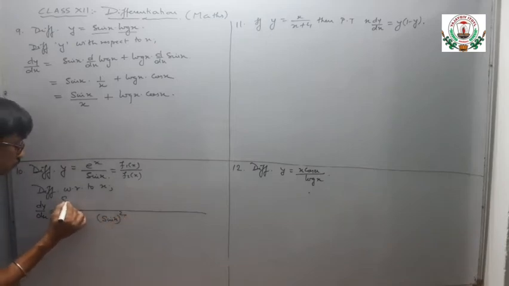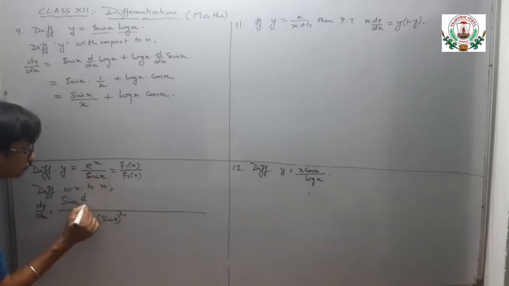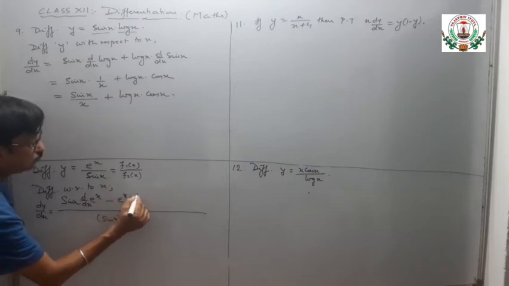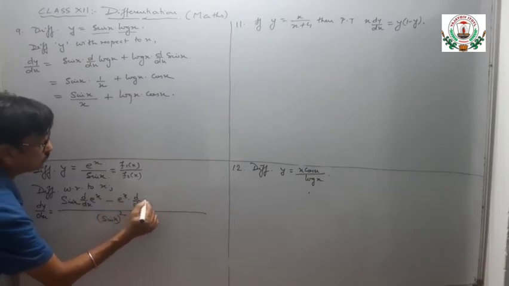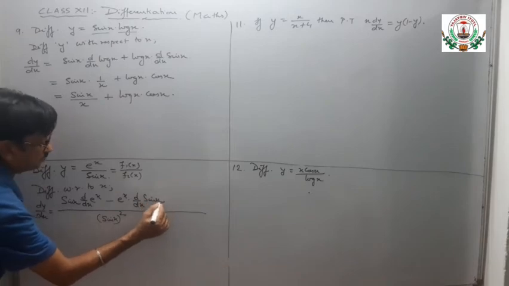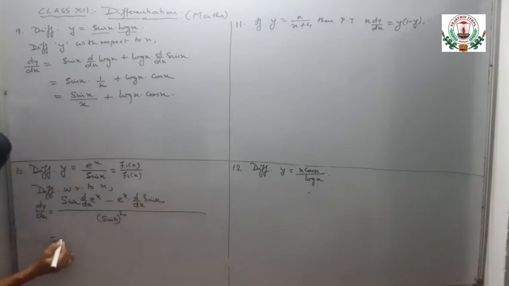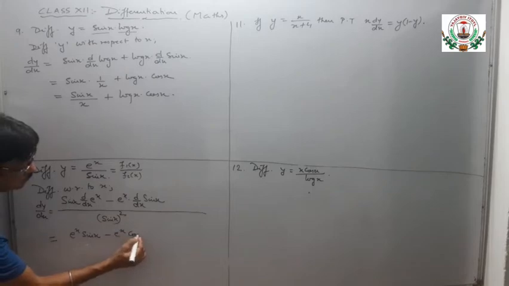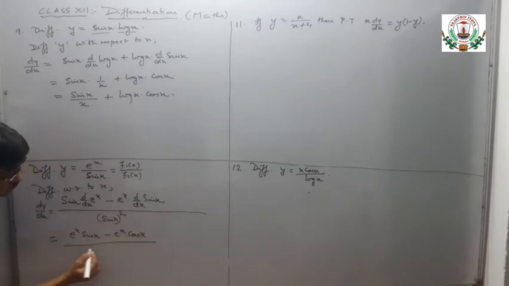First I write down second function into differentiation of the first function, minus first function into differentiation of the second function sin x. d by dx of e to the power x is e to the power x into sin x, minus e to the power x into d by dx of sin x, which is cos x, upon sin square x.